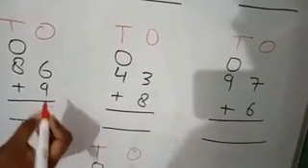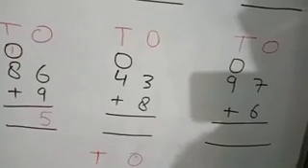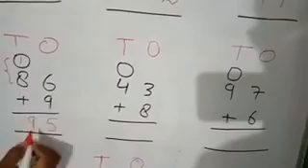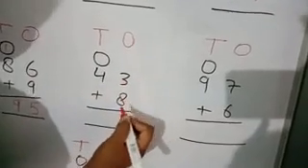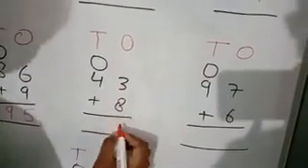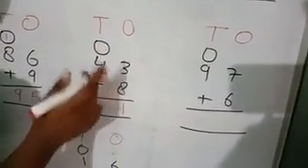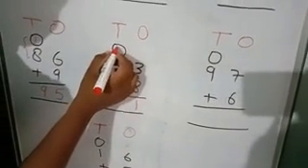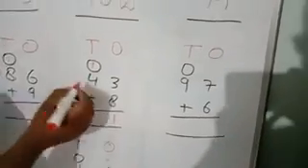So here we write 5, and 1 goes on the top of 8. Then we add both of them. 8 plus 1, 9. Okay, now the next, 3 plus 8. 3 plus 8, that means 11. 1 we write here, and 1 will go on the top of 4. So 4 plus 1, 5.